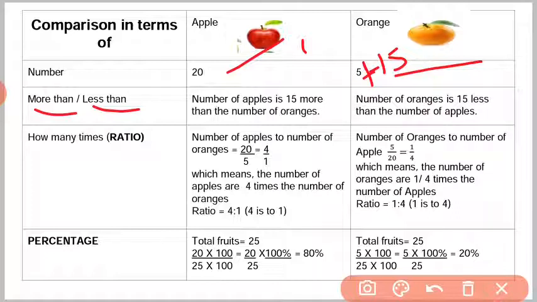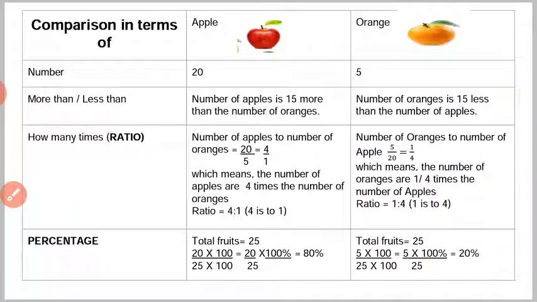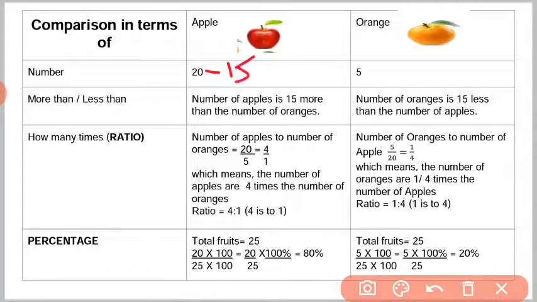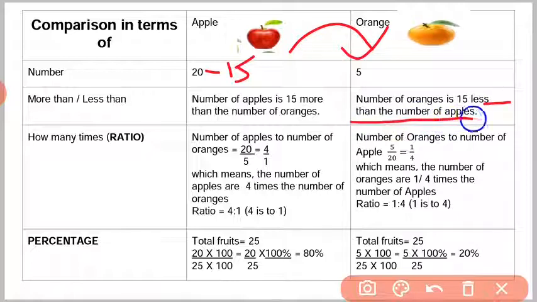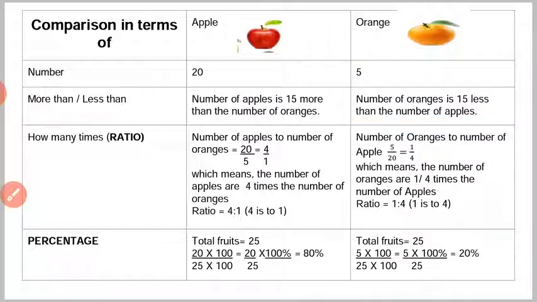In the same way, if we subtract 15 from the number of apples, we will get the number of oranges. That means the number of oranges is 15 less than the number of apples. So this was comparison in terms of more than and less than.